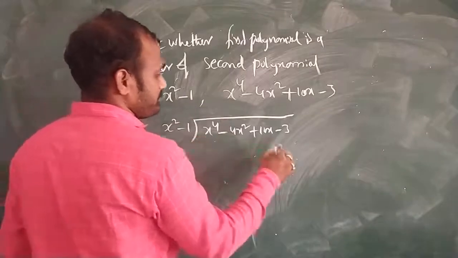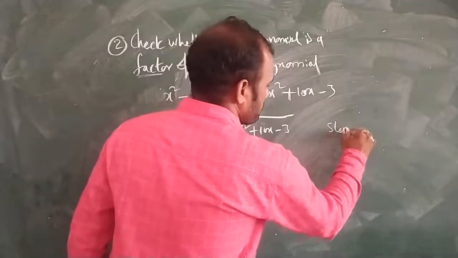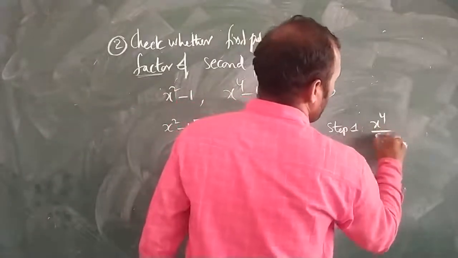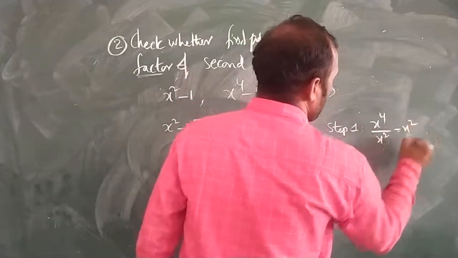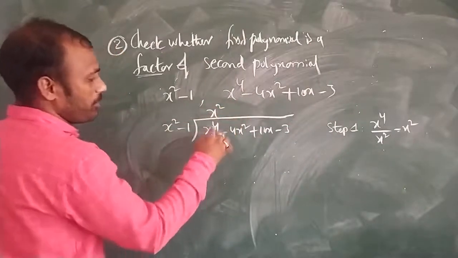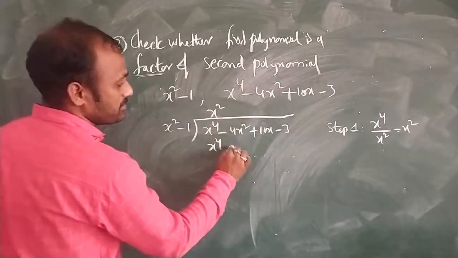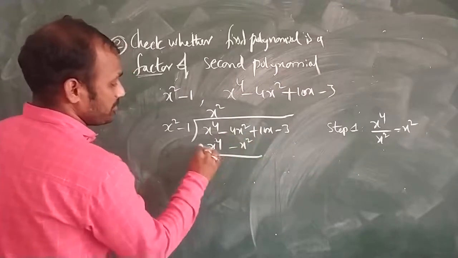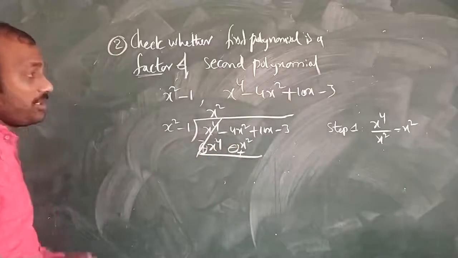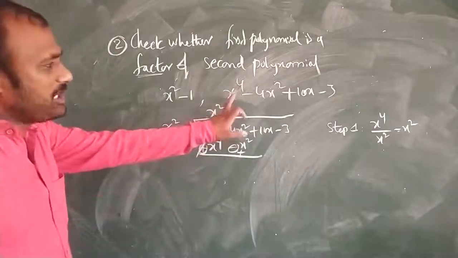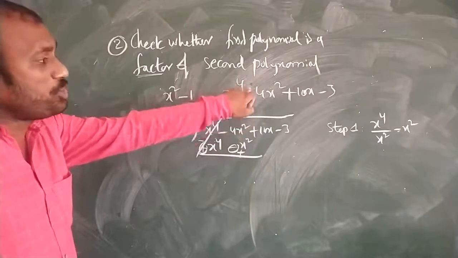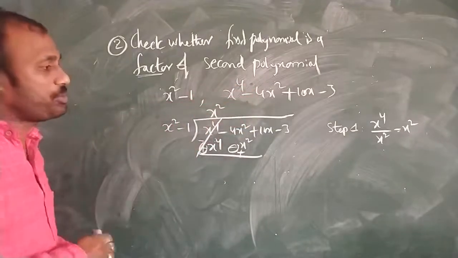So here, step 1: x power 4 divided by x square gives x square. x square into x square is x to the power of 4, and x square into 1 is x square. Plus will become minus, minus will become plus, and the terms cancel. In the previous class I said that x to the power of 4 is there but x cube is missing, which means I have actually 0x cube.